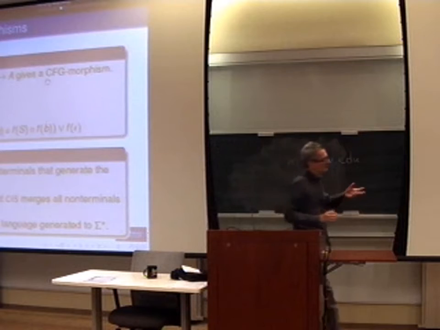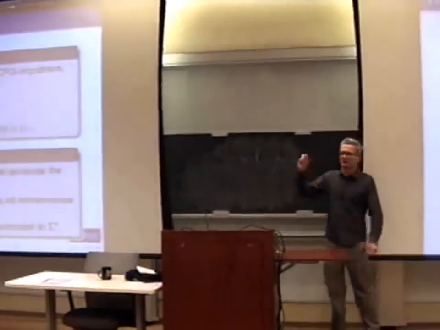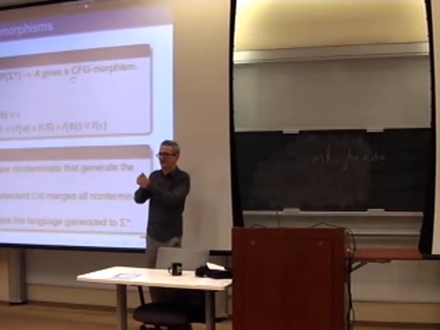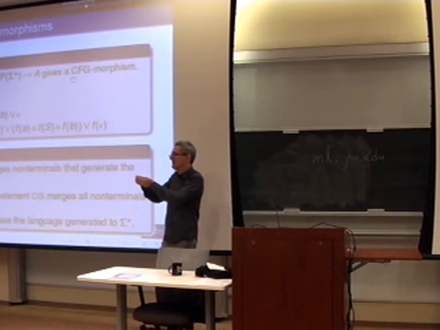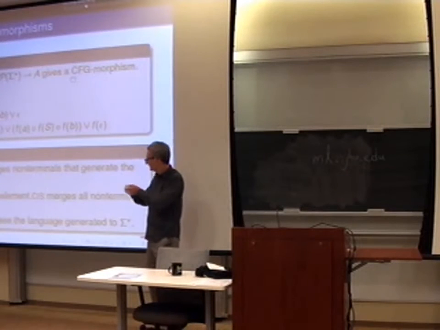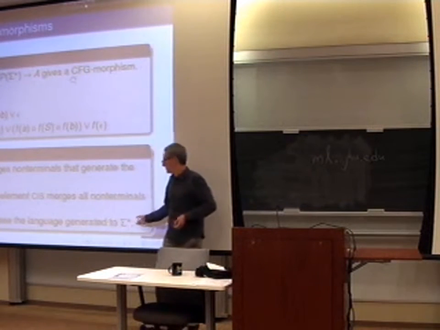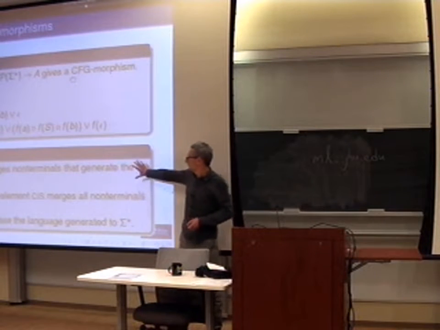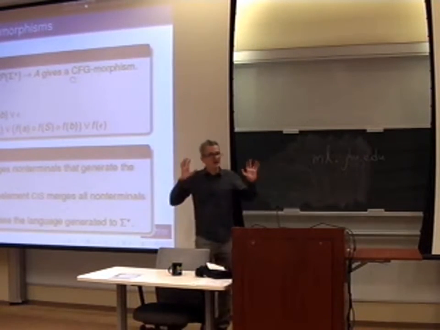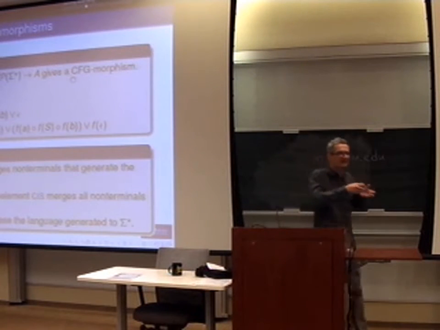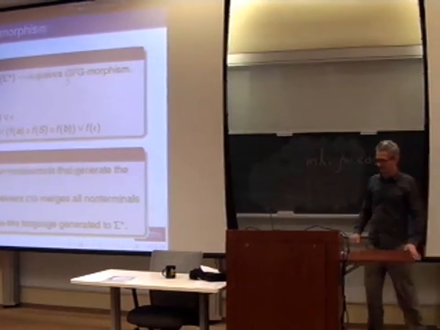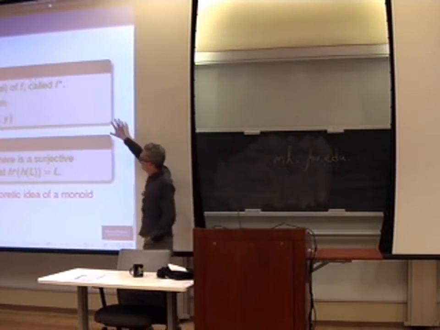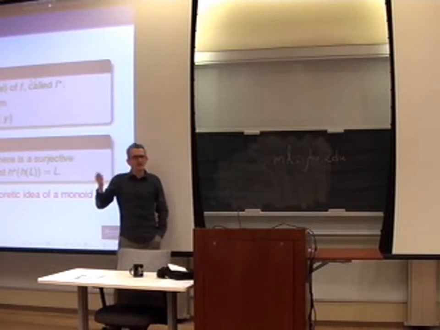Then we also have the case where we map everything to the trivial one-element semi-ring. This merges all non-terminals into the same element, and this is usually going to increase the language generated to sigma star. So if we have a simple homomorphism, we're going to preserve the language. If we have a homomorphism which is a bit too aggressive, we're going to end up overgeneralizing.